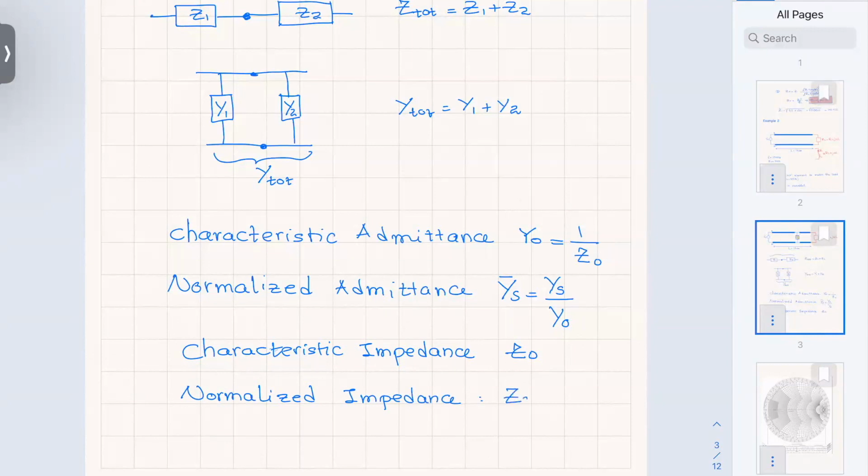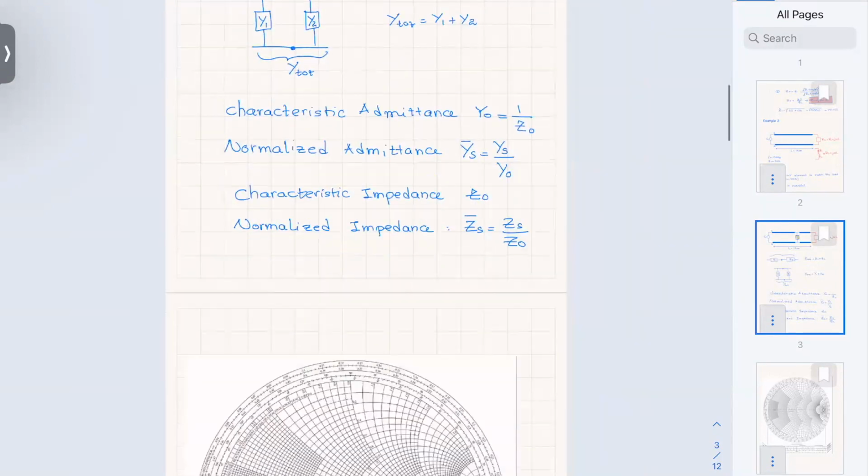If I had a ZS, normalized would have been ZS over Z0. And if you want to go to the Smith chart, you have to normalize. Whatever the Smith chart gives you is normalized. The length in lambda, the impedances in whatever characteristic impedance, if it's impedance; admittance is characteristic admittances. So you don't forget that.